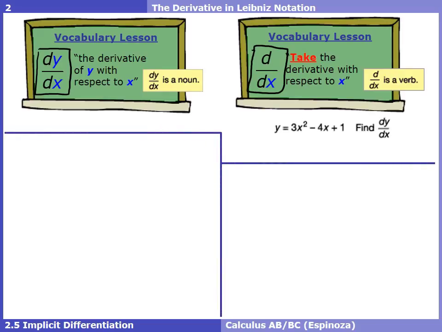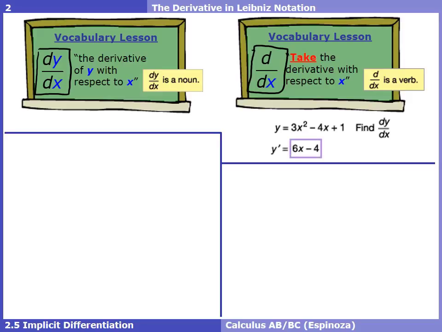So an easy example here, but I'm going to use it to build up to the idea of implicit differentiation. We have our function y = 3x squared minus 4x plus 1. I want to find dy dx. That is to say, I want to find the derivative of y. dy dx is just another way of saying the derivative. So let's find y prime.